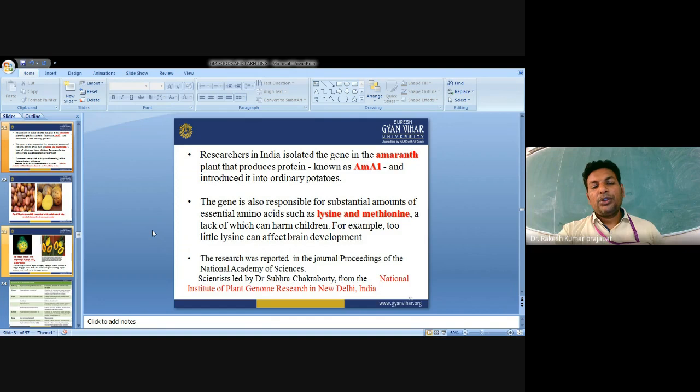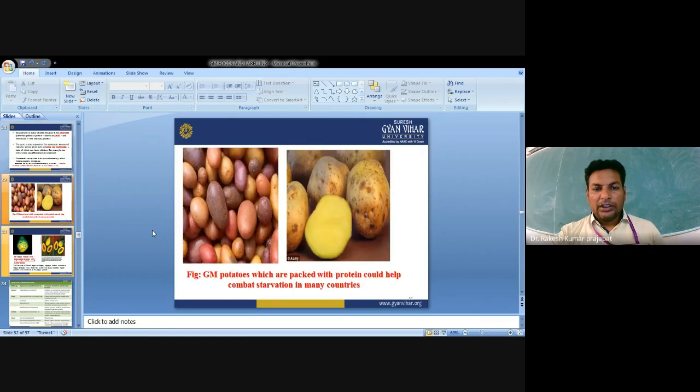For example, too little lysine can affect brain development. The research was reported in the journal Proceedings of the National Academy of Sciences. Scientists led by Dr. Subhra Chakraborty from the National Institute of Plant Genome Research, NIPGR, say the GM potato packed with protein could help combat starvation in many countries.